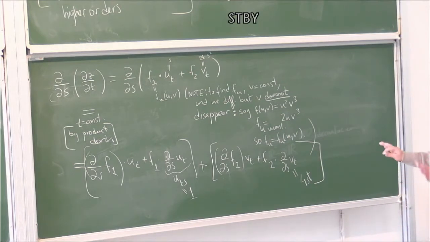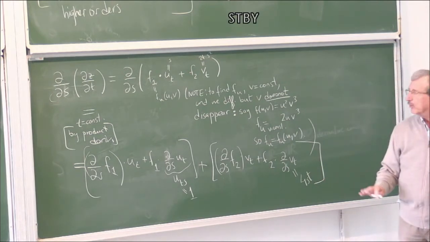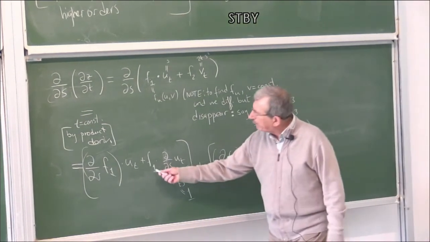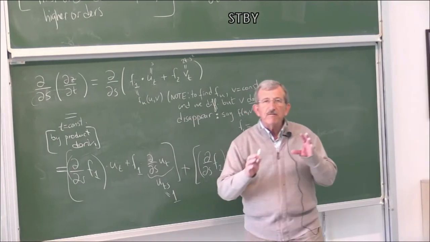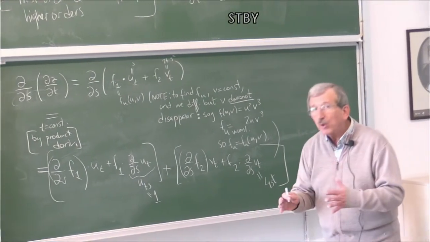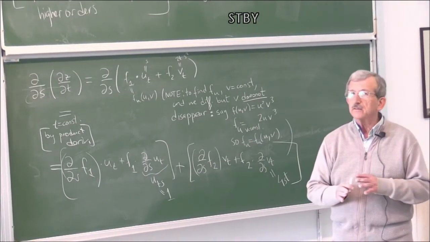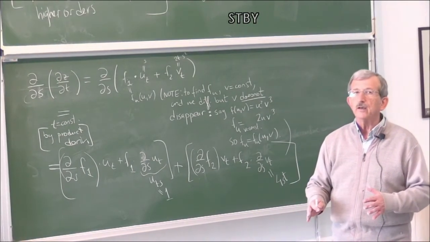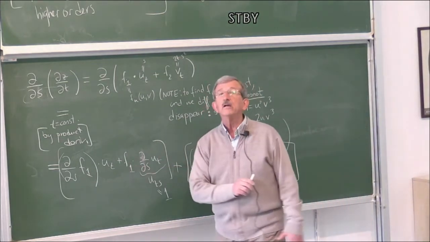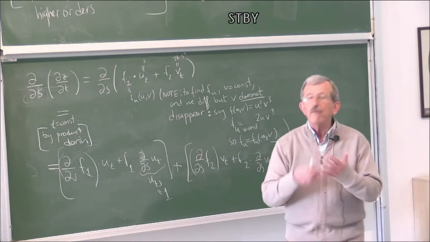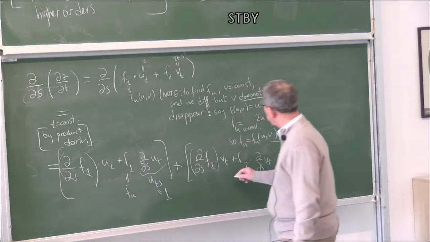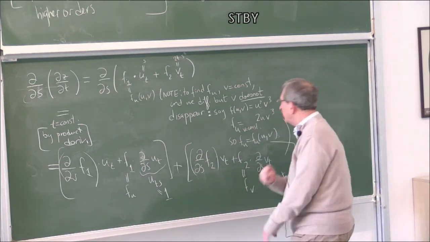Now, when we look at the final formula, we have already calculated these things. Now, for f1, that is the derivative of f with respect to its first variable, unless we know what f is, we cannot go any further, because it just says it's a function of two variables. You consider the derivative with respect to the first variable, which happens to be u, and here, of course, it happens to be v.